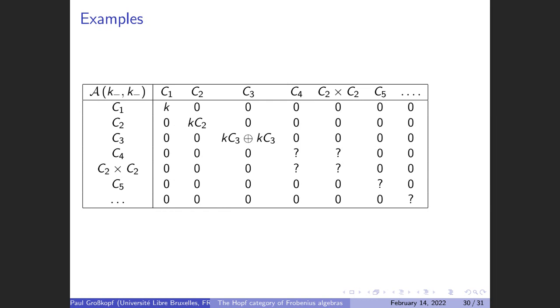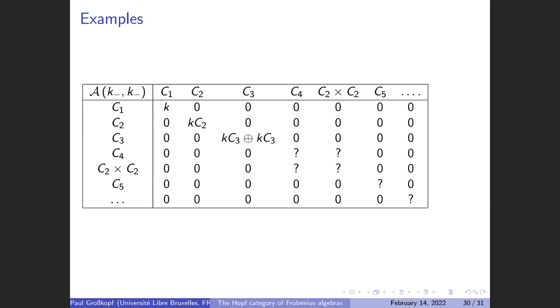In size 2, we can show that it's isomorphic to the group algebra itself. The first exciting example is the cyclic group of 3 elements, where I can show that it's a direct product of 2 copies. But afterwards, for groups of size 4 and bigger, the calculations get really lengthy and tedious.